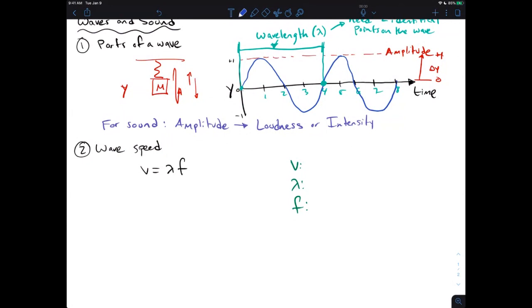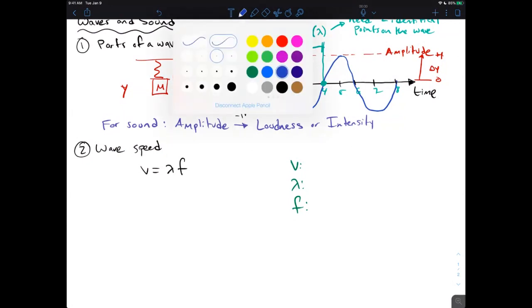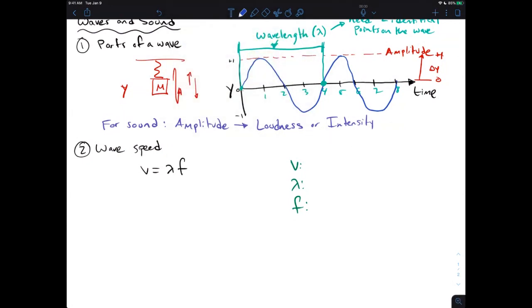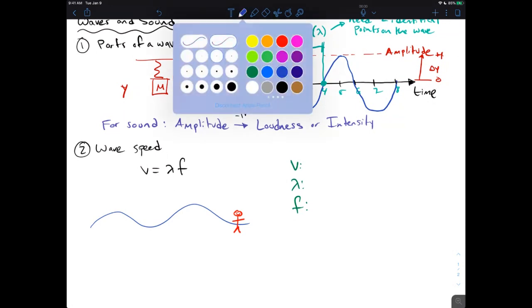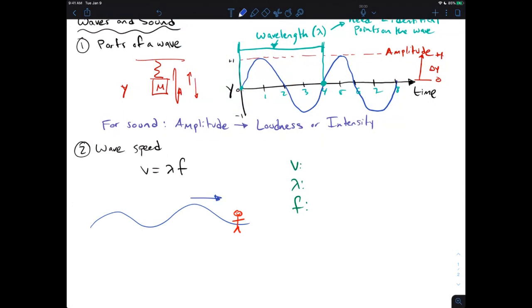So let's say, hold on, okay, we have waves. This is the beach, okay? And you are going to stand right here, okay? Right here, you're at the beach. And then what happens is these waves, over time, are moving towards you.